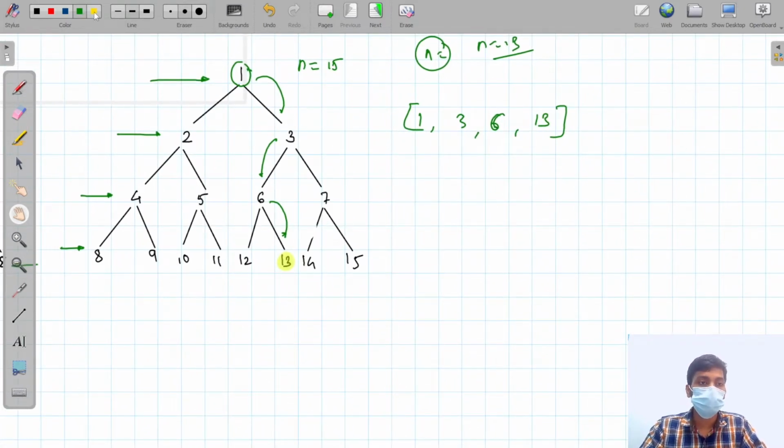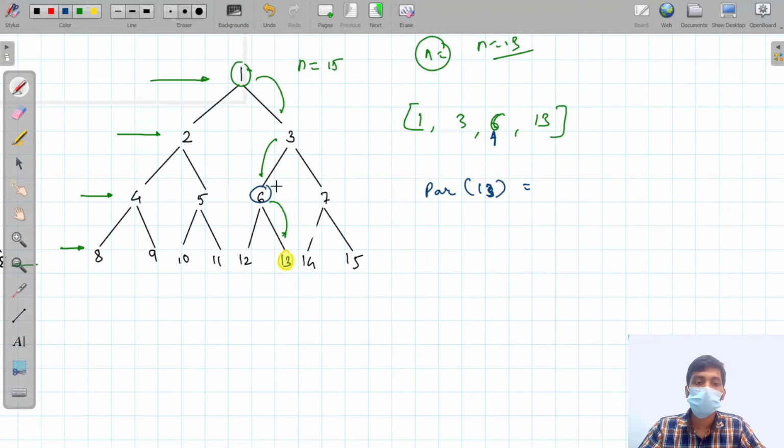Now let's think that if I am currently standing at this 13, somehow I was able to get the value of 13's parent, right? Somehow I was able to find the parent of 13, then that is going to be 6. Then can I include this in my answer? Yes, I can.